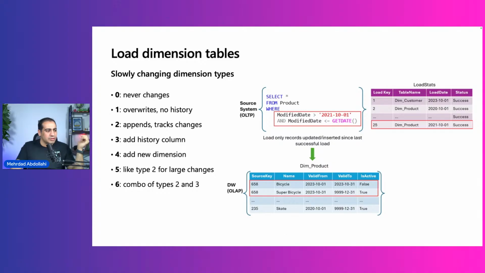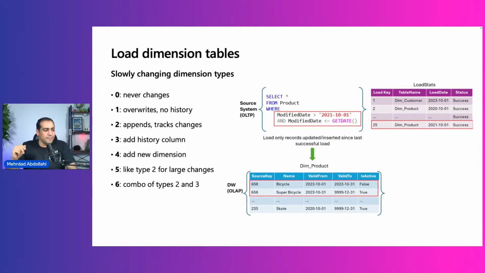For example, in the example that we've got here, for one of the products, at some time it was called bicycle, and now it is changed to super bicycle. And this naming is maybe very important for your business.